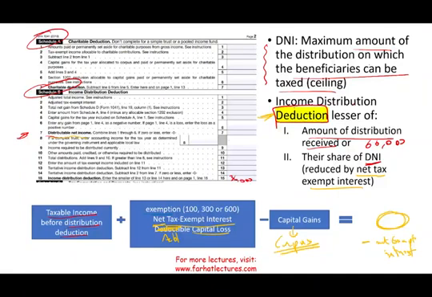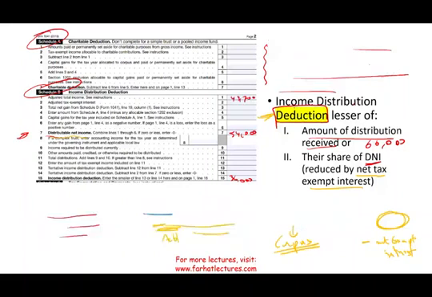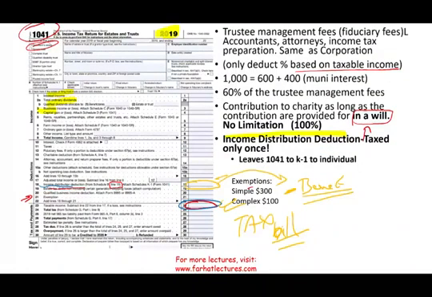DNI happens to be here, line 7, 54,000, and adjusted total income was 45,700. Now if we go back to page 1, simply put, this is the magic number. This is the 36,000. Then we can deduct it as the distribution deduction.